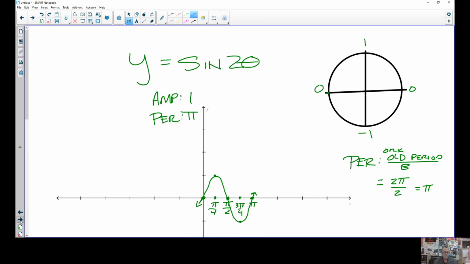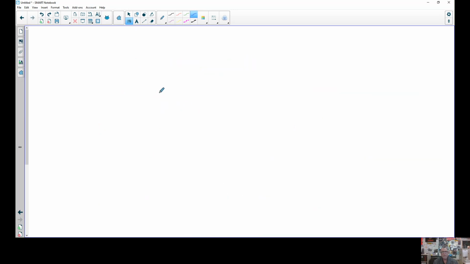If we have something like y equals sine of theta plus pi, what's going to happen here is the same thing we saw with any other function we translated. Inside the function like this, if we have a plus, it's going to move left. If we have a minus, it moves right. So this is going to change what we call a phase shift.